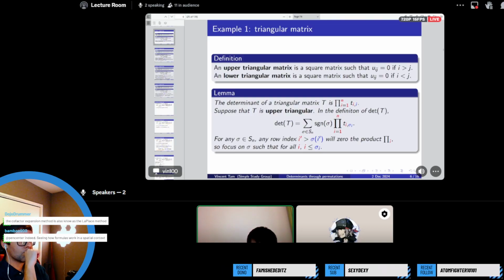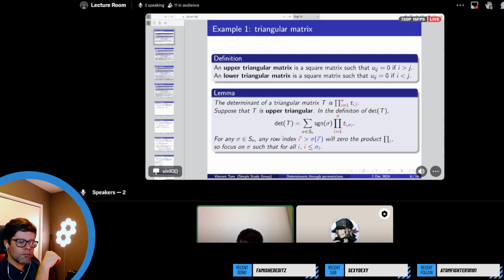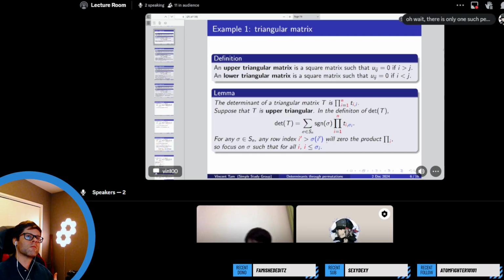That's something mechanical, and we observe from this definition that we need to focus on permutations that are not hitting cells below the diagonal. This is a symbolic way to represent this.